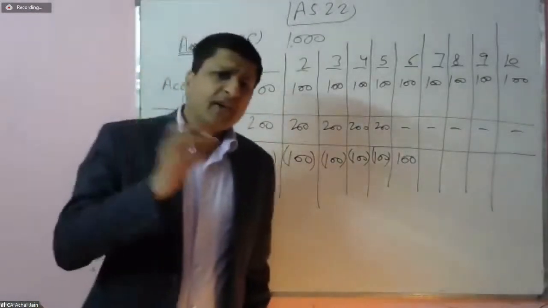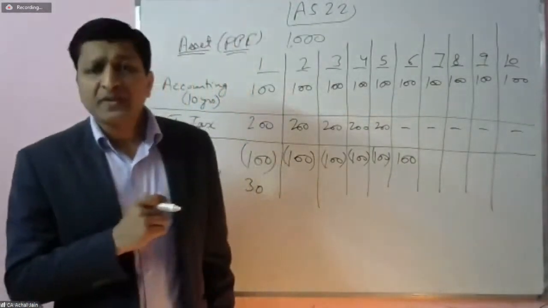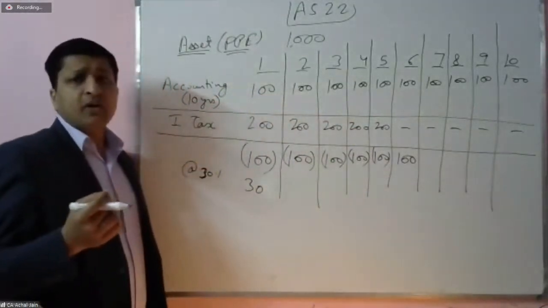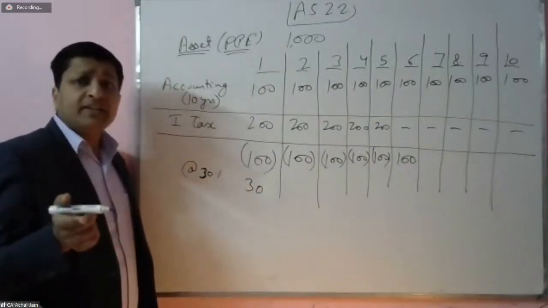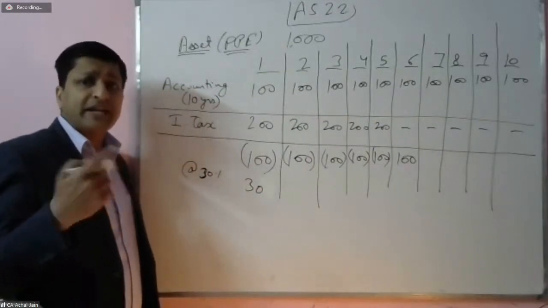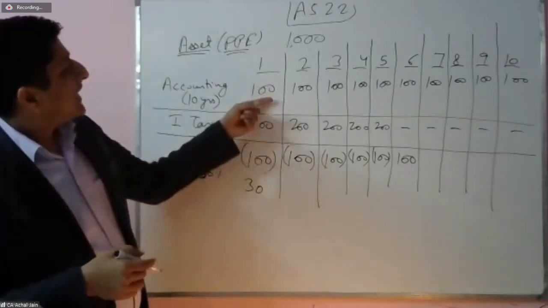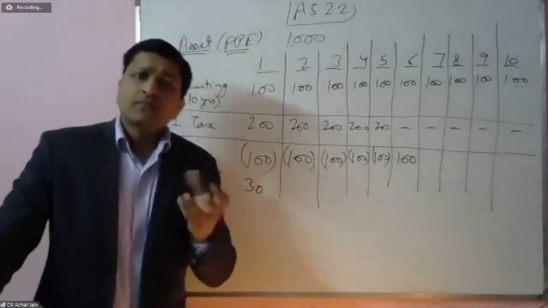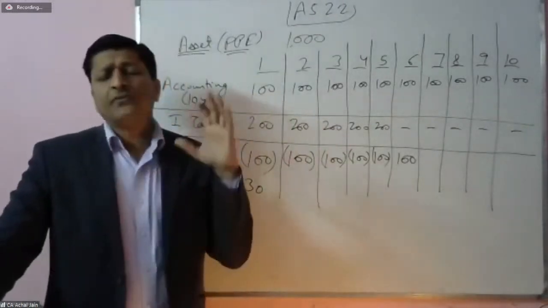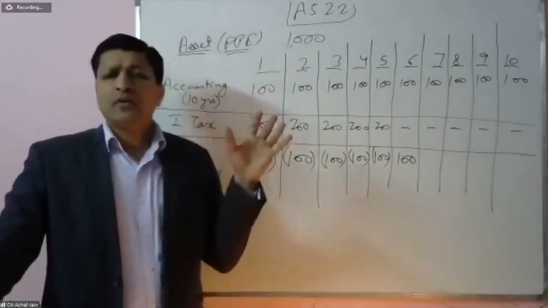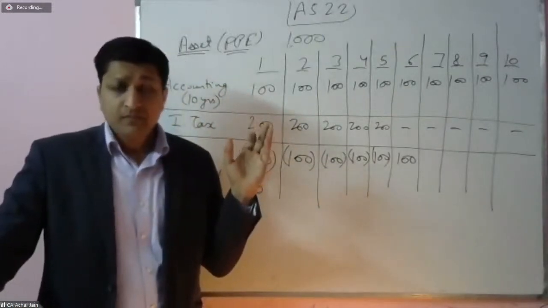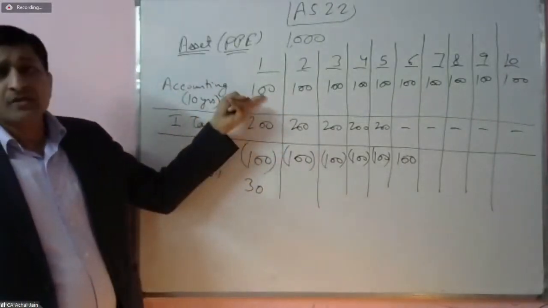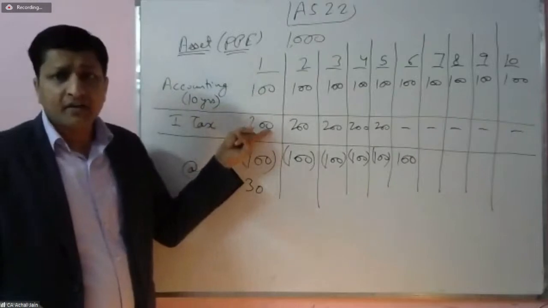Now we are looking at one item, which is depreciation. And around this item, what do we find? Whether you charge depreciation on an asset at the rate of 10% or 20%, the asset has to become zero at some point of time. It will not matter whether you charge depreciation at a lower rate or a higher rate.